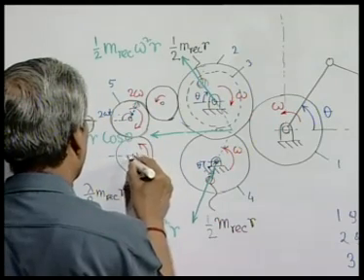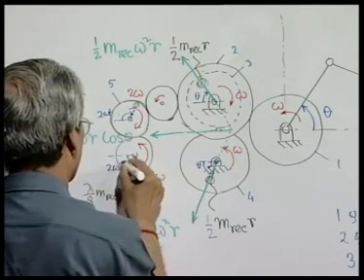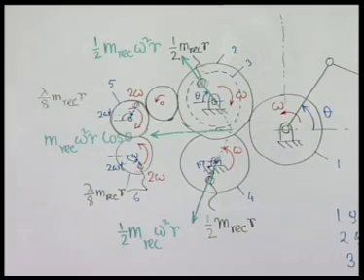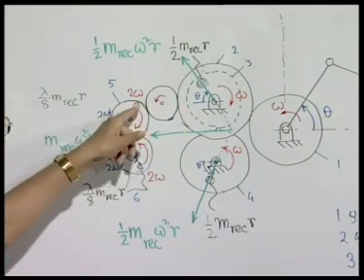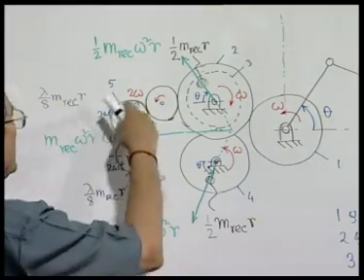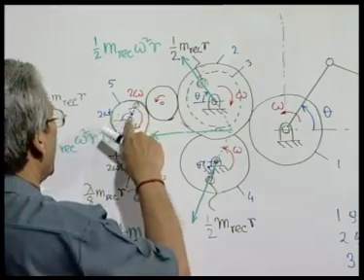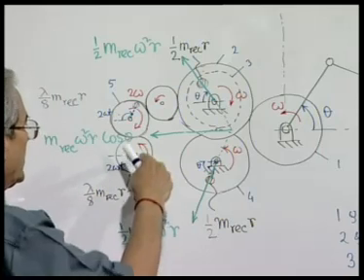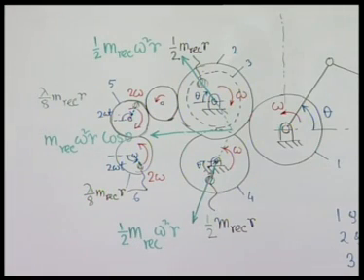Similarly, this will be 2 omega t, so that at time t equal to 0, they are all aligned. This was here, this was also here. Now, since it is rotating at 2 omega speed, this will rotate through an angle 2 omega t, this will rotate through an angle 2 omega t in the opposite direction, and what will be the force produced here?